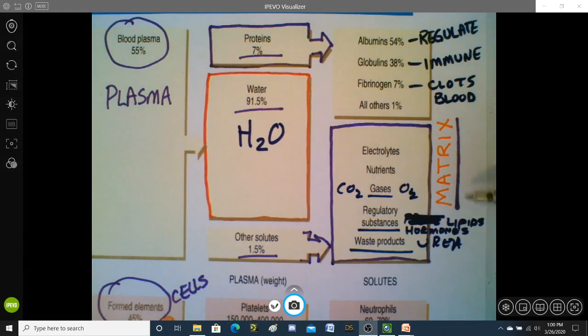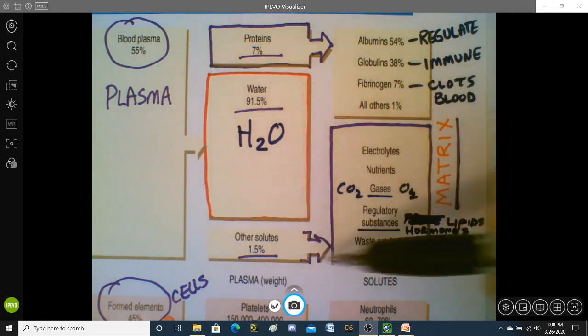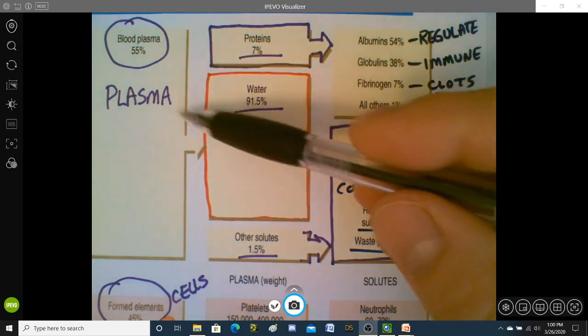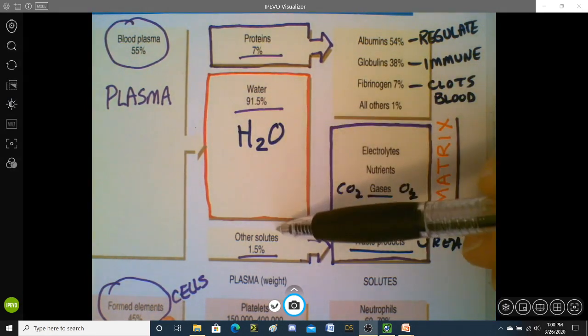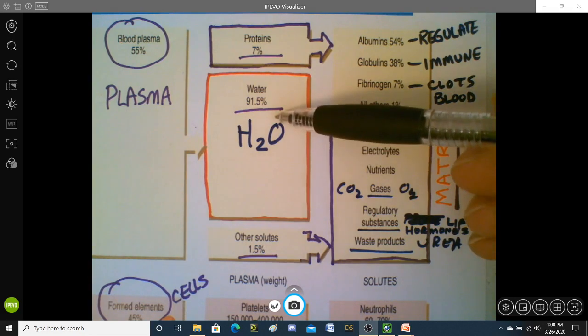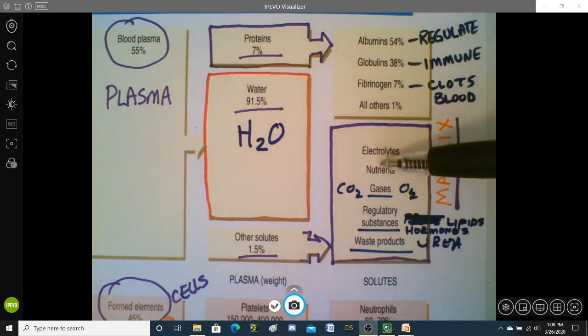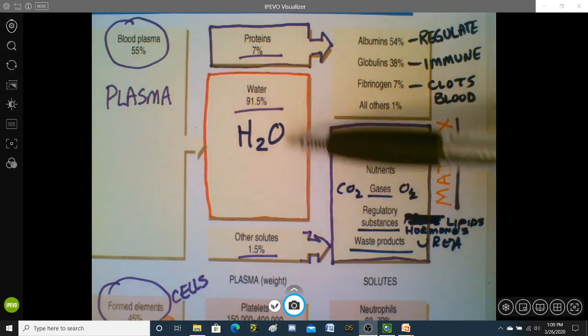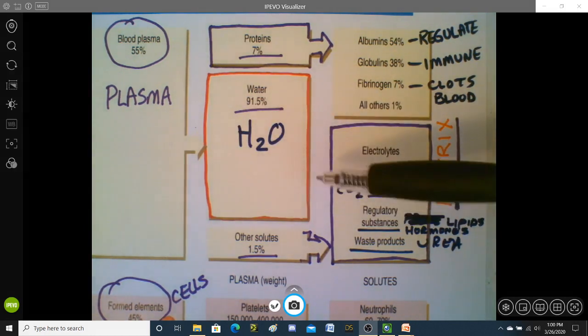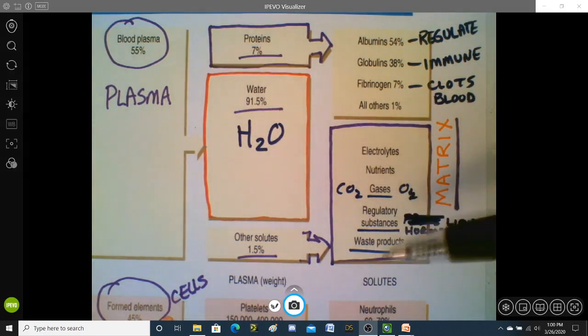Regulatory substances like hormones. And then, of course, waste products. This says urea. So these are all things that are being transported by the liquid part of our blood. Solutes, remember, are dissolved in the water. So all of these electrolytes, nutrients, hormones, they may be dissolved within that water part of our blood.